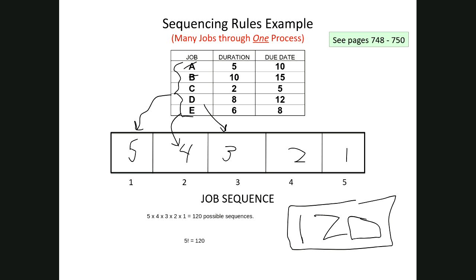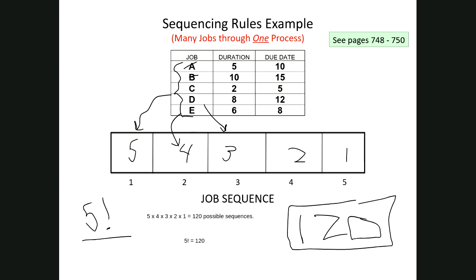I want to make a side comment, and this is that calculation that you've seen before, 5 factorial. The interesting thing about this is that, unlike linear programming, and even though there's a finite number of choices, with sequencing, the only way to guarantee that you have the best solution is to examine and evaluate all 120 possible choices.